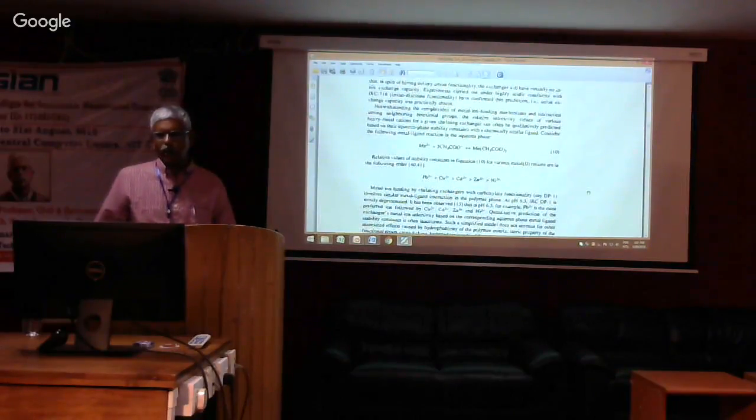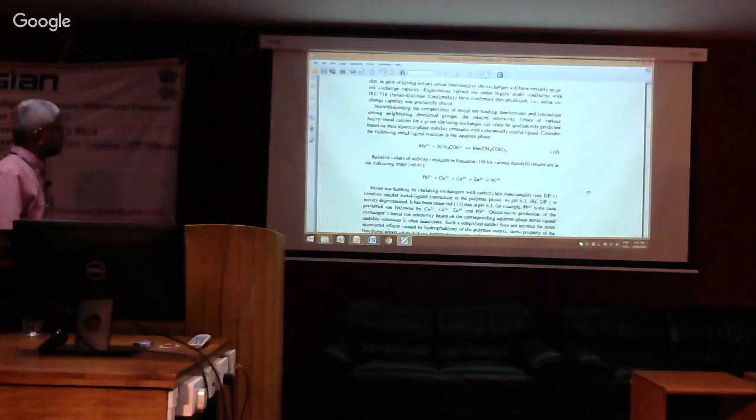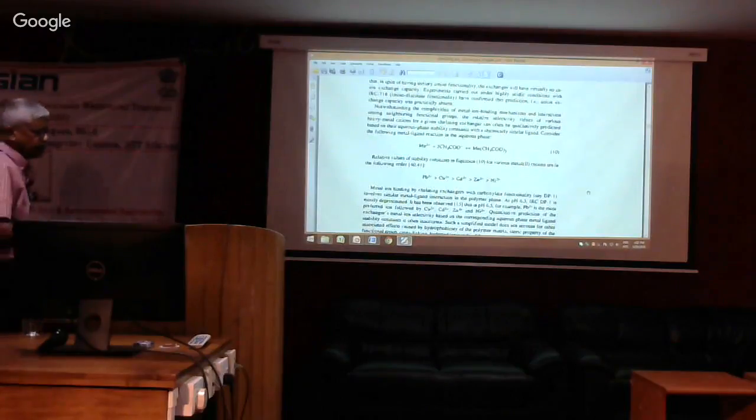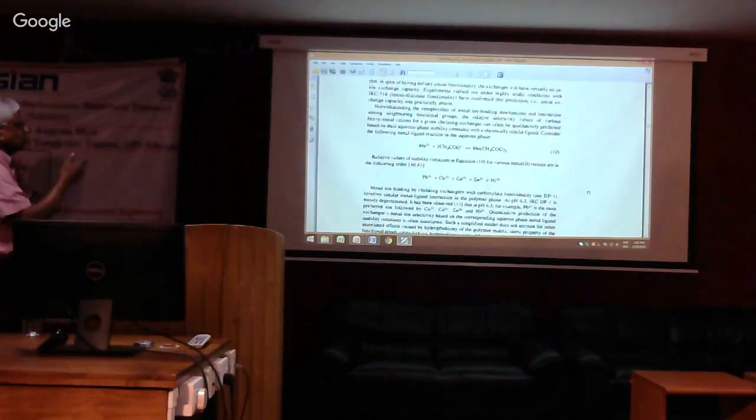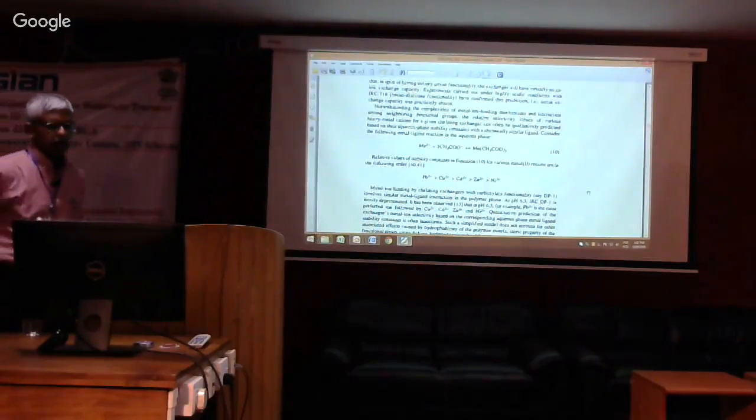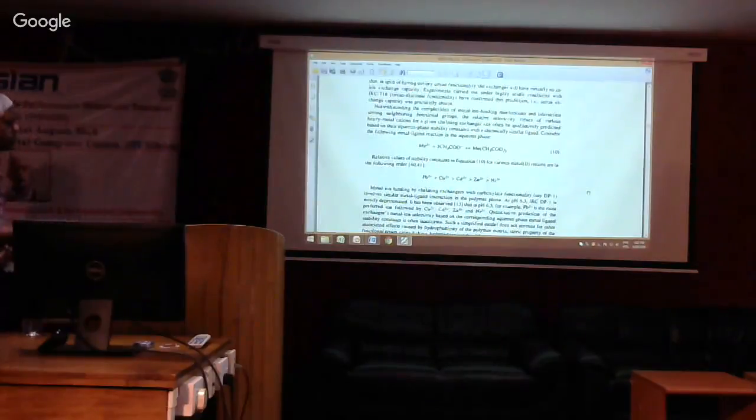Now, when we look at carboxylate functional group, what we typically do is that we look at what is the order, that means between the heavy metals, which ones are more selective.